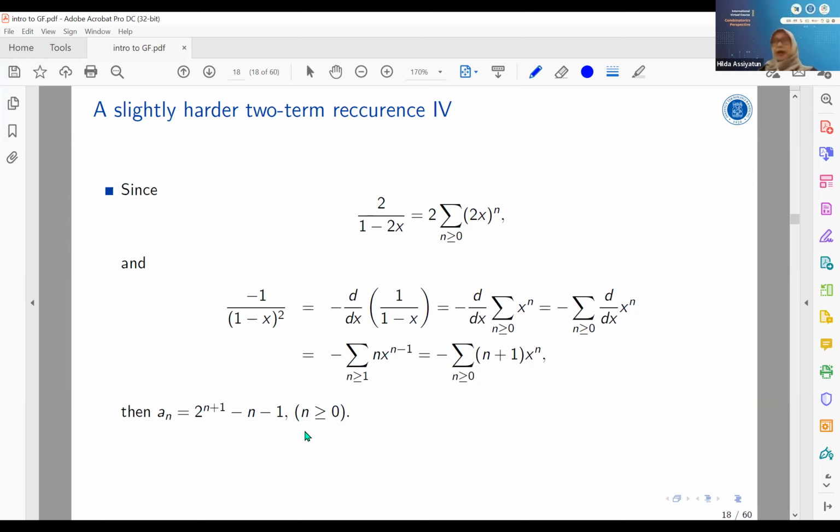You may have noticed that within these two examples the method works consistently, just like that. Regardless of the complexity of the recurrence formula, the method works in the same way.